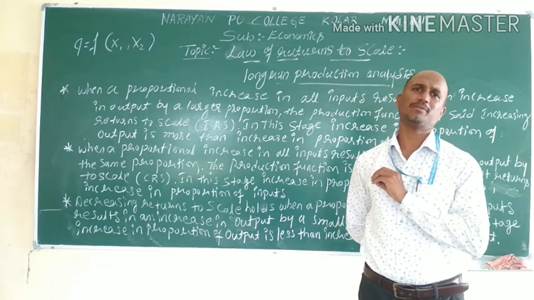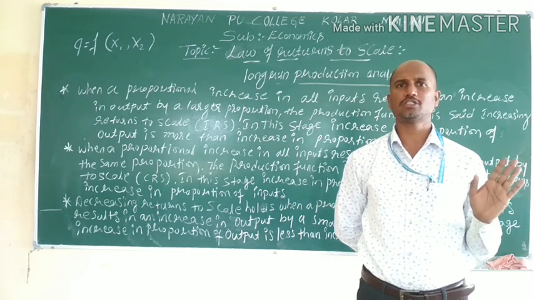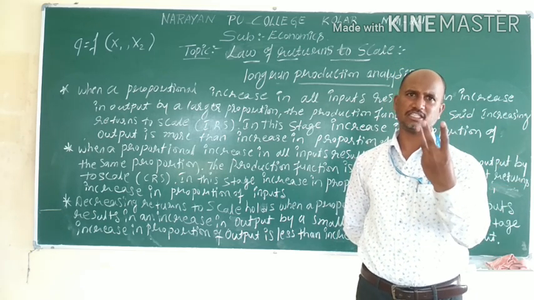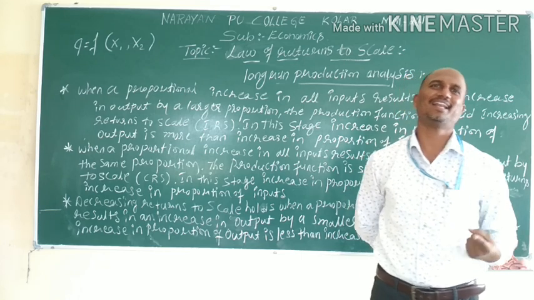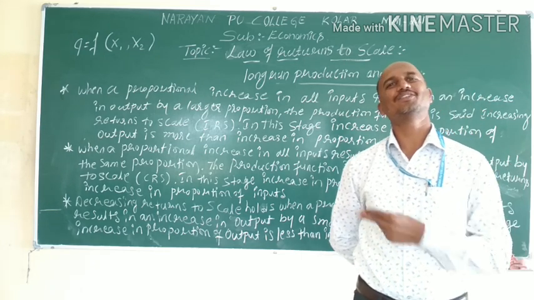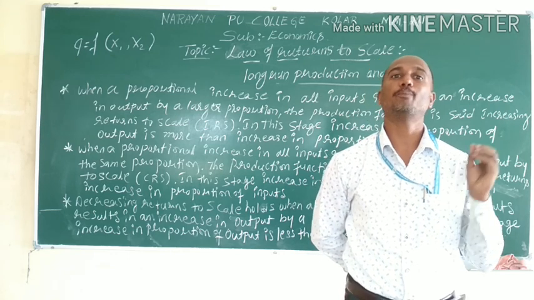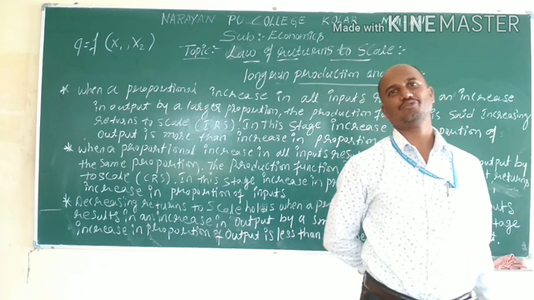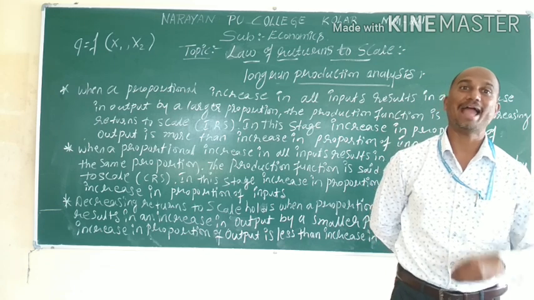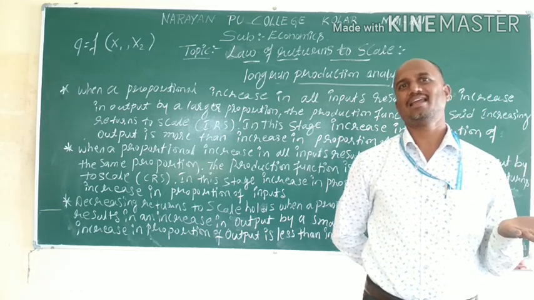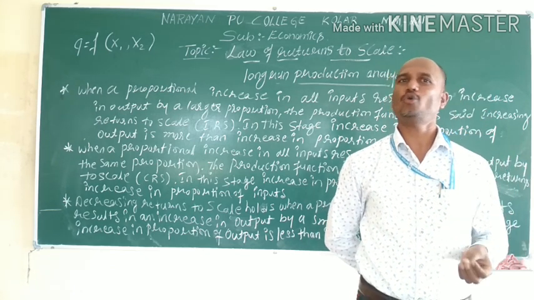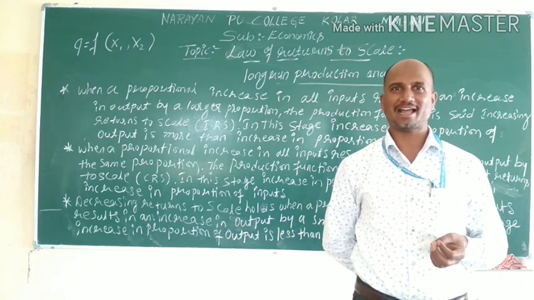In the long run, the firm can change all the inputs. There are 3 stages: increasing returns to scale, constant returns to scale, and decreasing returns to scale. I showed all 3 stages with the table, imaginary numbers, and a simple diagram and explanation.